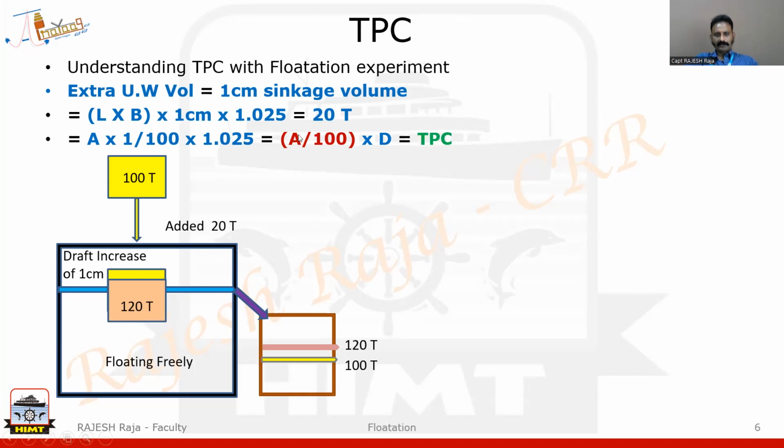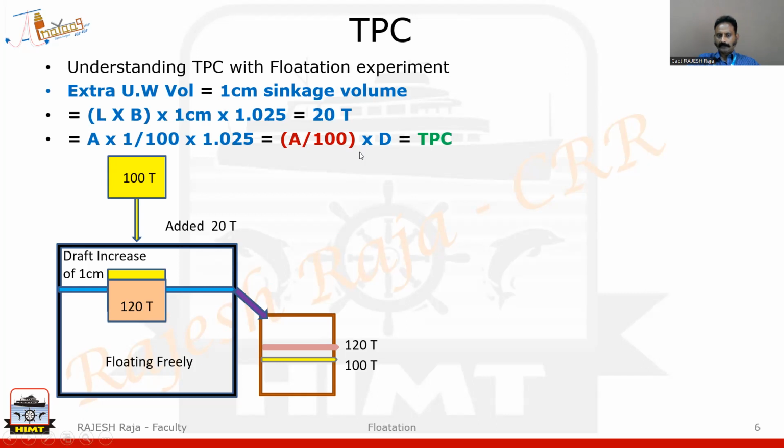So that is why I've written A, which is water plane area, divided by 100, because 1 centimeter I've converted into meters. So this formula in brackets, what you see, is actually volume, or a change in volume. That extra volume, multiplied by the density of the water in which you are floating, will give you the TPC. So I'm going to use this formula in all my calculations: A by 100 into density.